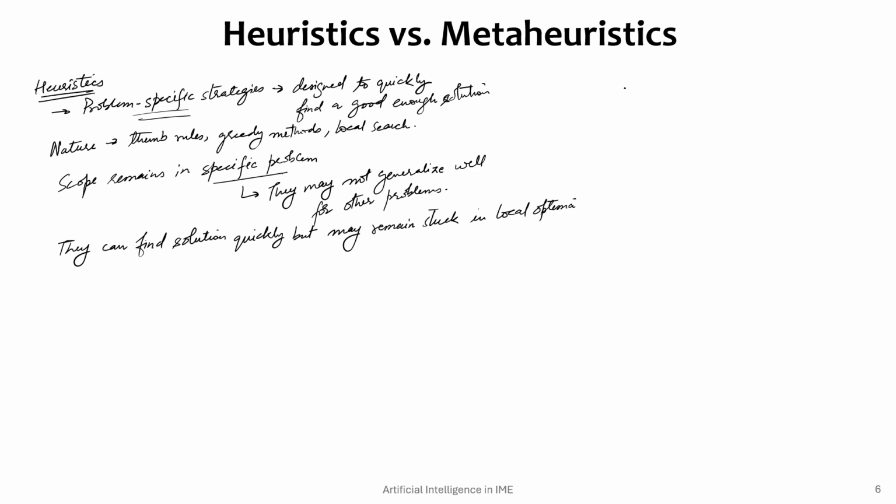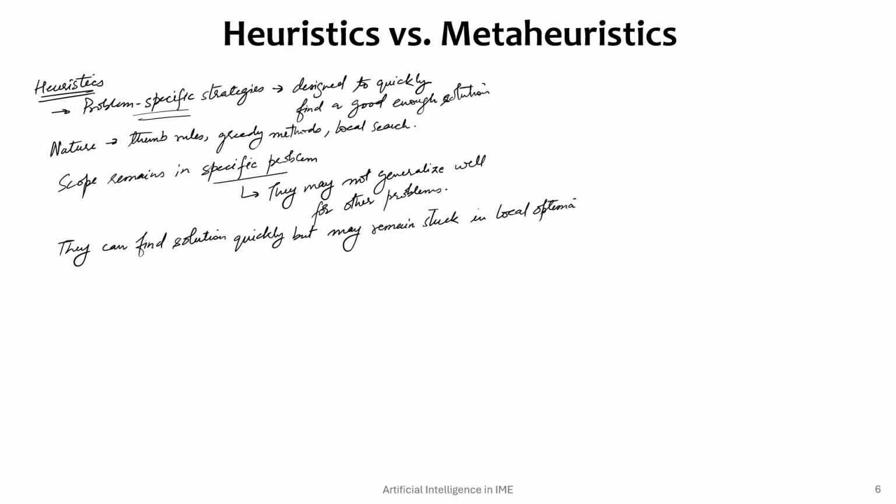So let's say in your gradient descent type of algorithms where you are trying to find the best possible value. If your algorithm has got stuck in some local value that looks optimal, then it will not try to find the other values that may give you the best overall performance for the system, right? So these heuristics can stay stuck in your local optimum.